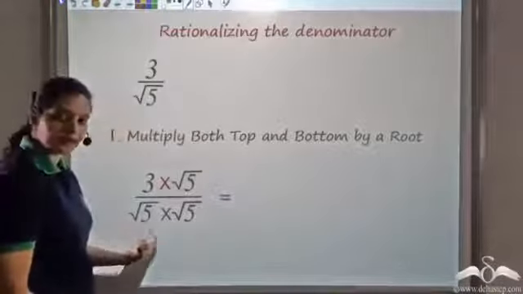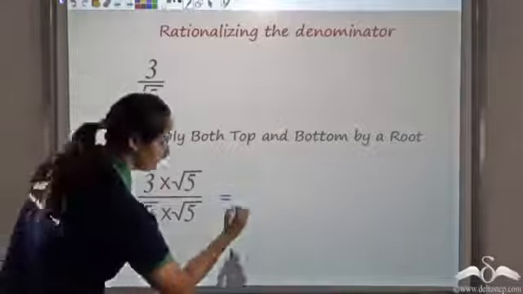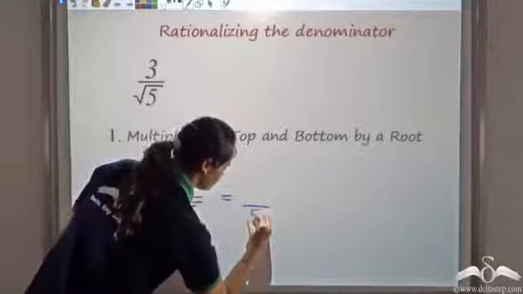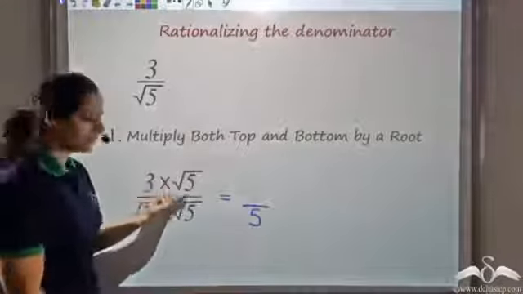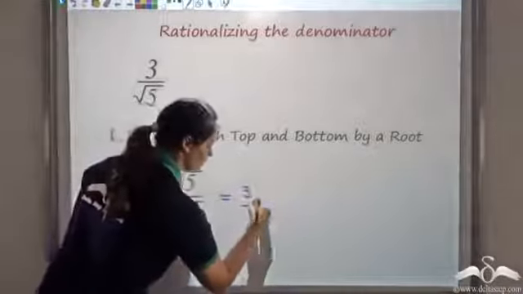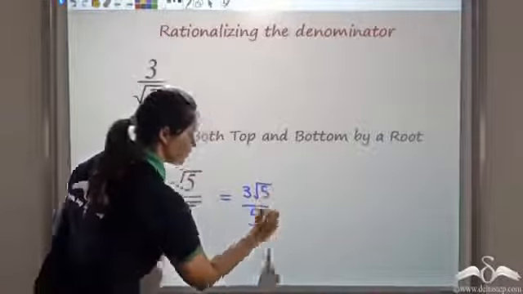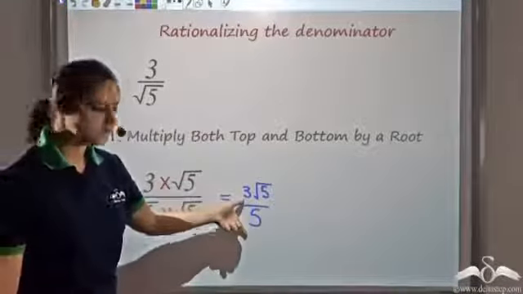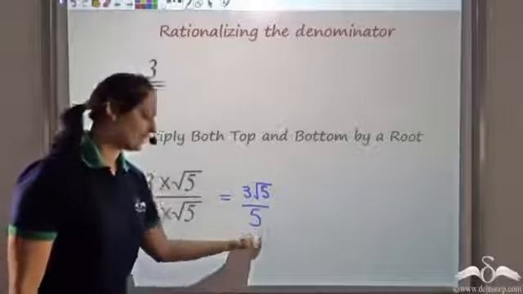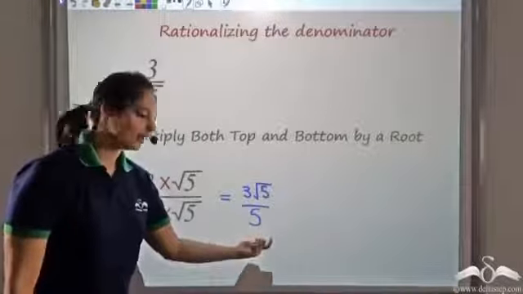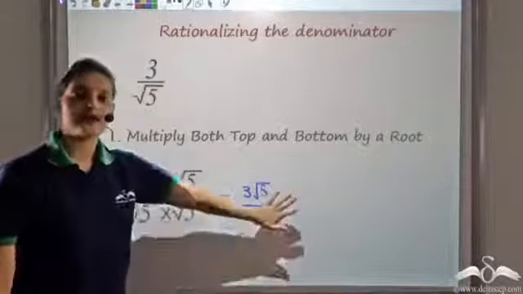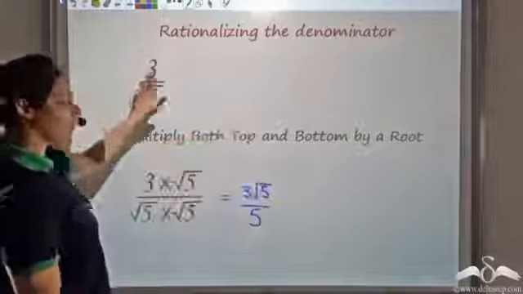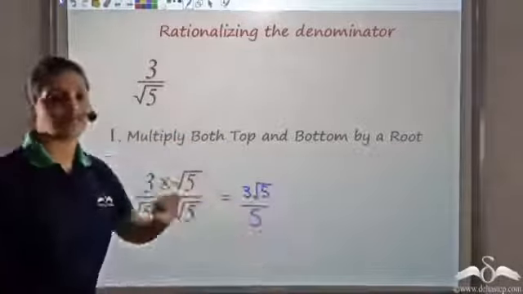Under root 5 times under root 5 is just 5, and 3 times under root 5 is 3 root 5. Now, I do not have an irrational number in the denominator. The denominator is rational. So, this is the irrational number 3 by root 5 in its simplest form.